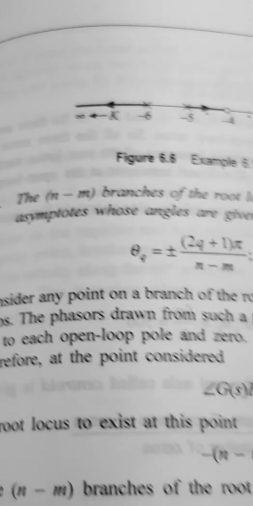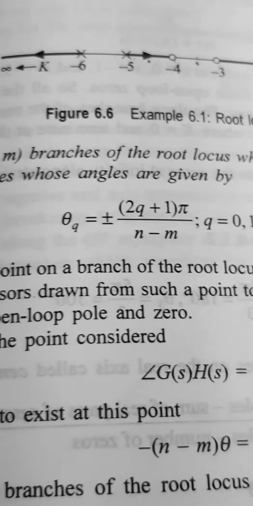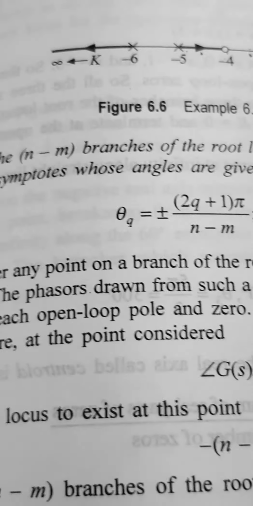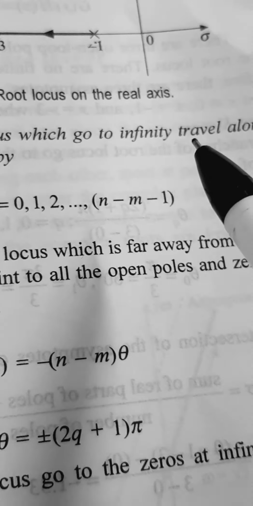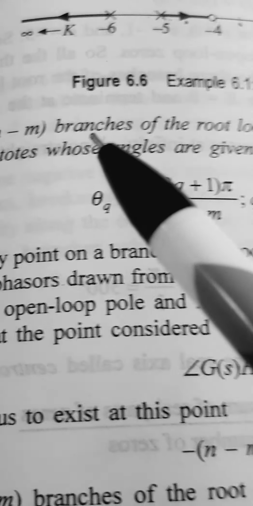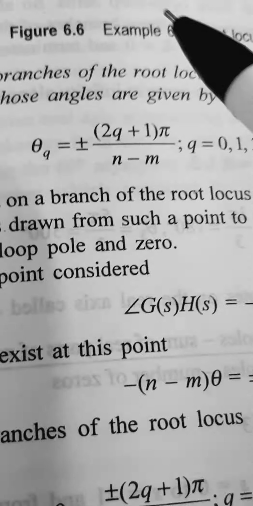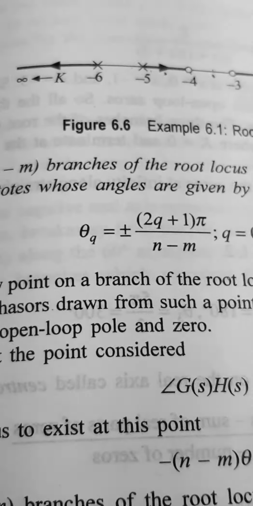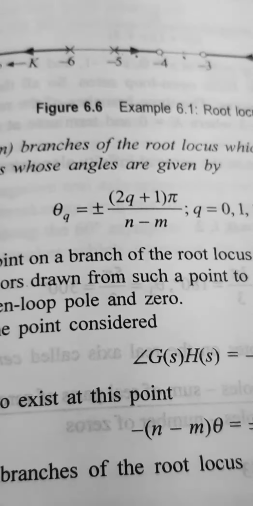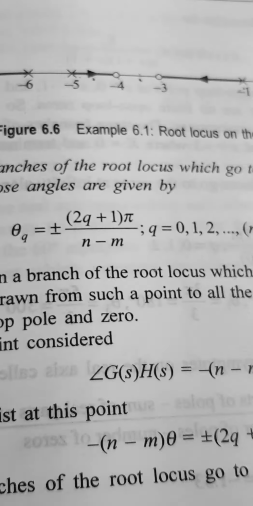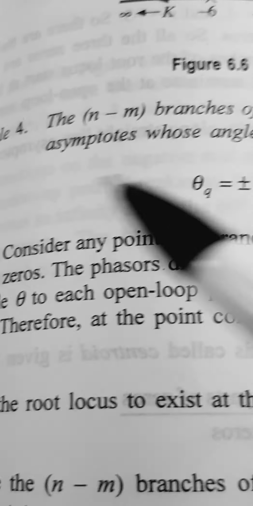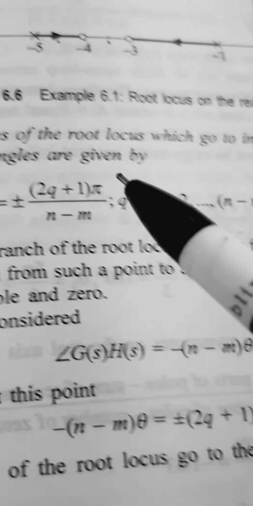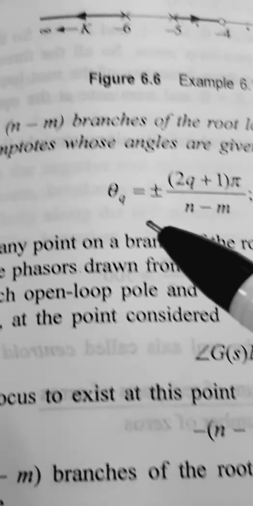So here, what you can understand is that some of the branches will go to infinity, and they travel along a straight line. Travel along means it will be parallel to, or close to, some straight line. Asymptotes whose angles are given by this are the angles of asymptotes.